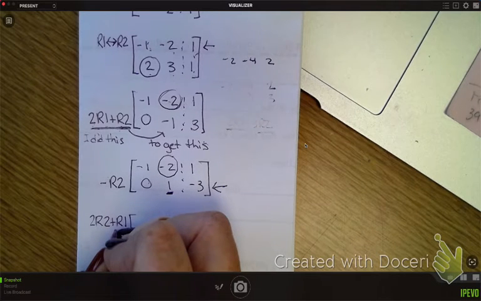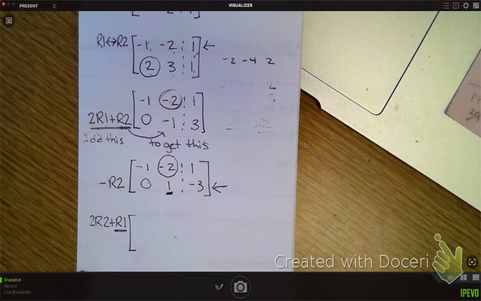Again, the only one that is changing is the one that you write second. If you wrote R1 plus 2R2 and did what we're going to do, it is wrong. What is the one that's changing? The second one, always. And that's why we always write it next to the second stated row.